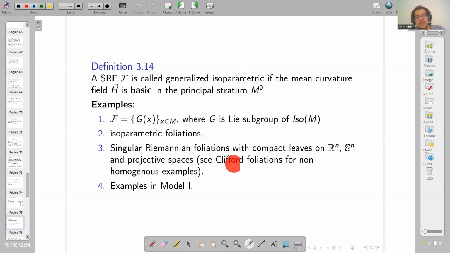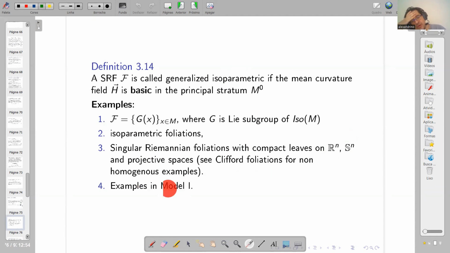There are also the Clifford foliations in Euclidean space. Actually, one can prove, and Radeschi and I proved in the series of papers that we wrote, that every singular Riemannian foliation in Euclidean space has these properties.